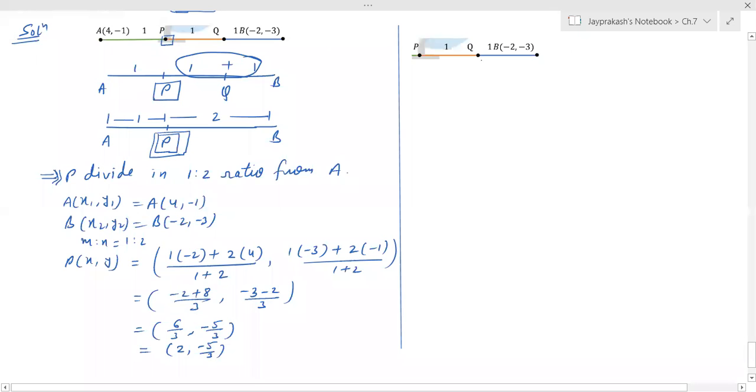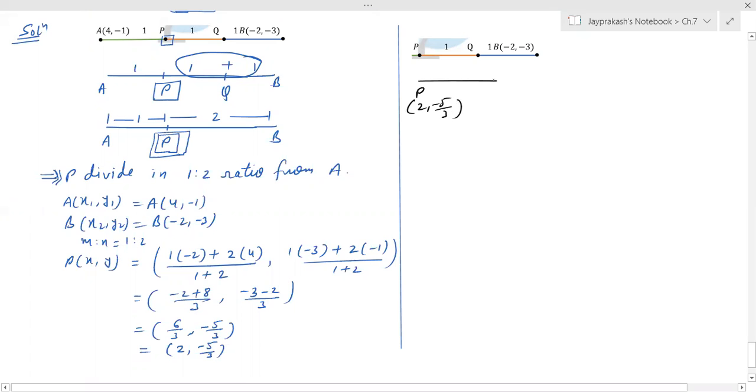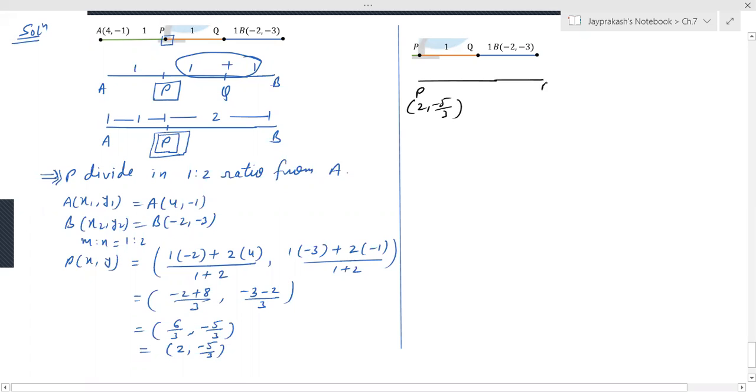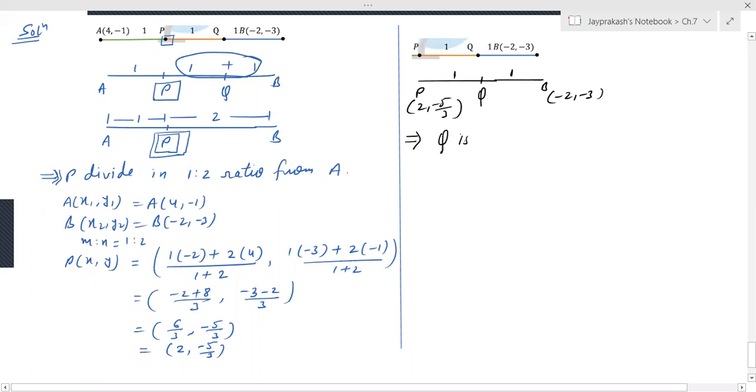Note carefully. So these are the point P with the vertex 2 comma minus 5 by 3 and the point B with the vertex minus 2 comma minus 3, and Q is here. Now the ratio is 1, and instead of the section formula we want to use the midpoint formula. So we will write here Q is the midpoint of PB.